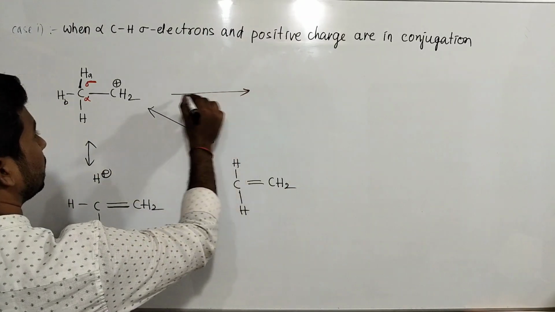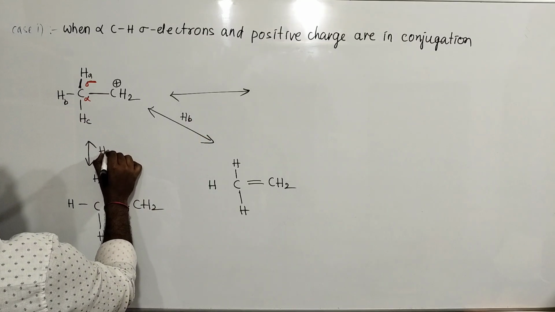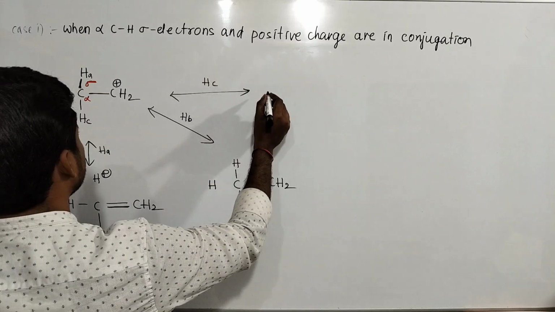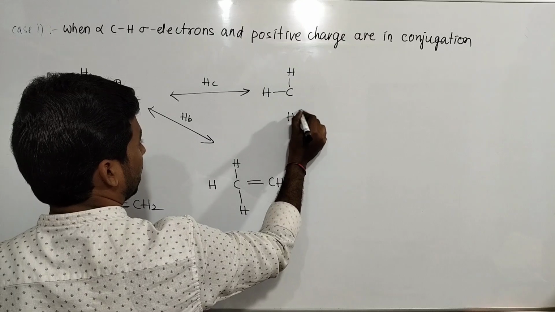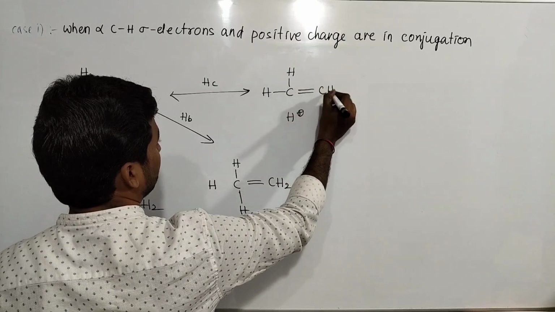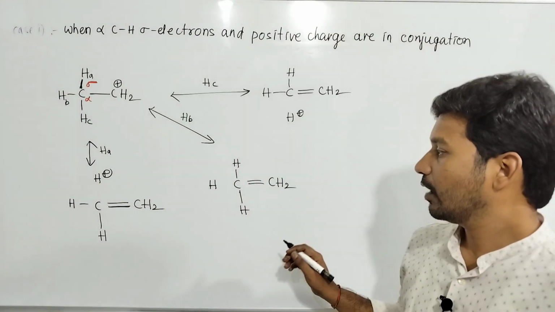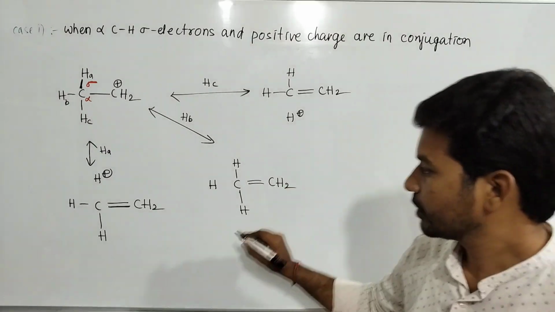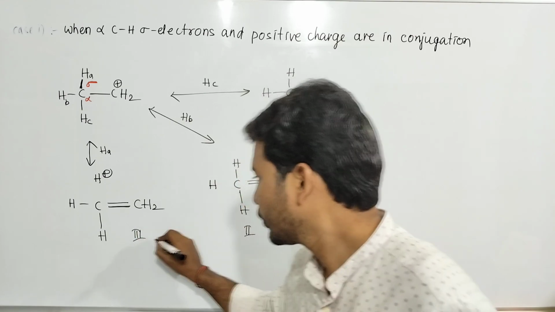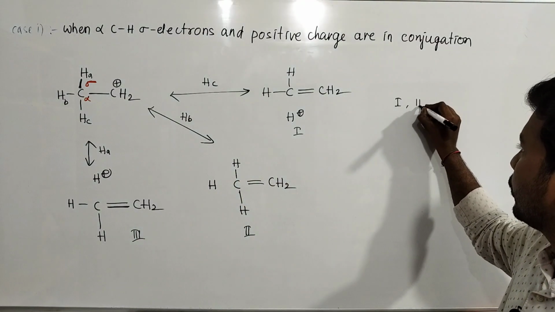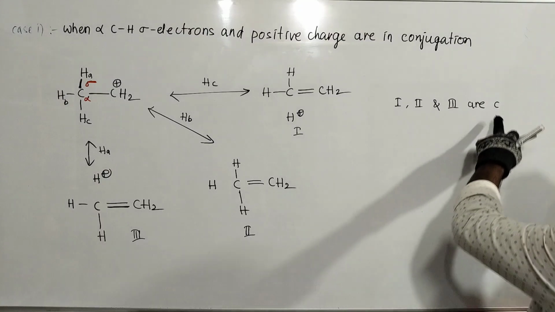What is the third possibility? This C carbon: here HB hyperconjugation, here HA hyperconjugation, here HC hyperconjugation. So this sigma bond is shifted for hyperconjugation like this. That means 3 alpha hydrogens are there, giving 3 hyperconjugative structures. So 1, 2, 3 are hyperconjugative structures.